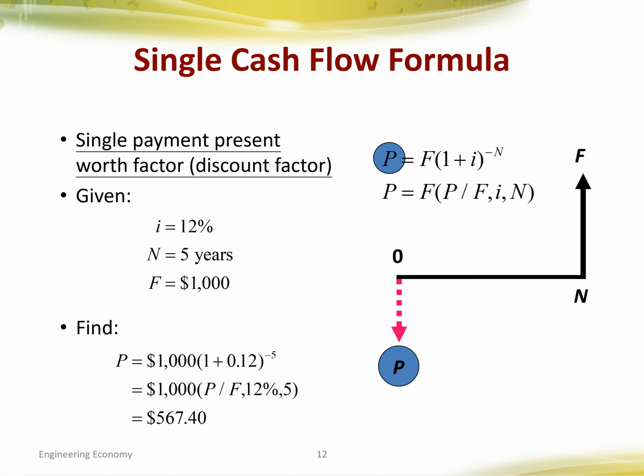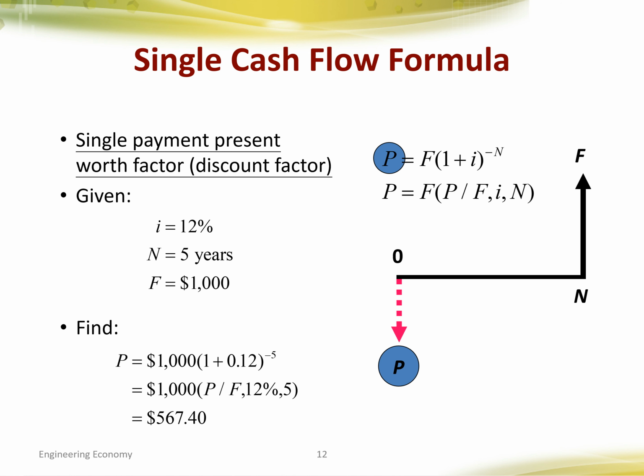And we can also read this as the present value equals the future value times the symbol (P/F, i, n): given F, find P, comma, interest rate i, comma, and period n. So that again can be looked up from the appendix of most of the engineering economics books.